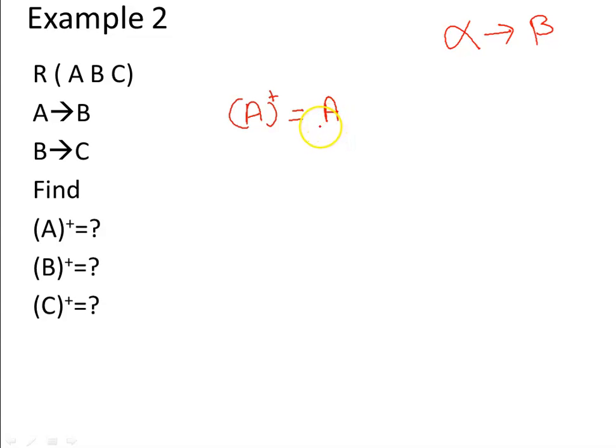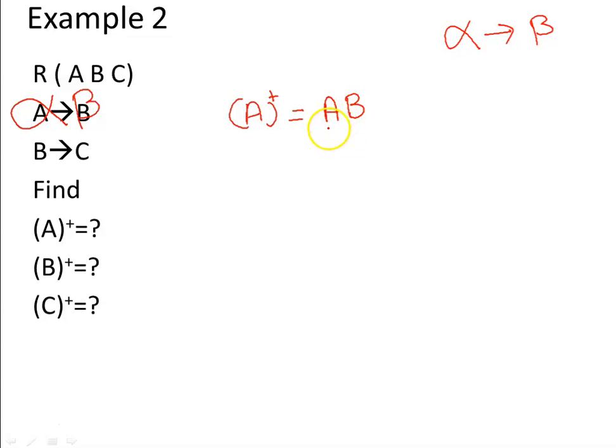Next, you check if this attribute appears anywhere on the left hand side of the FDs. I have A on the left hand side, so if I have A, I can say I have B. So the closure on A is A, B.